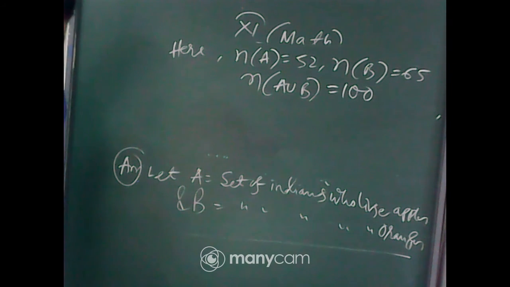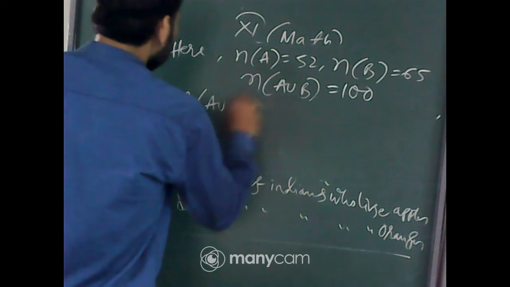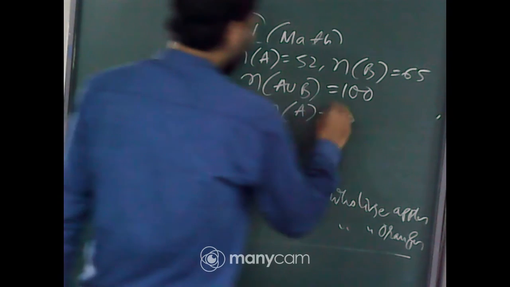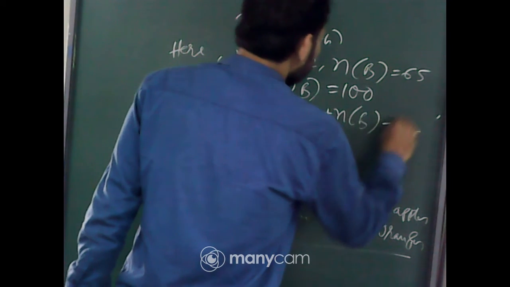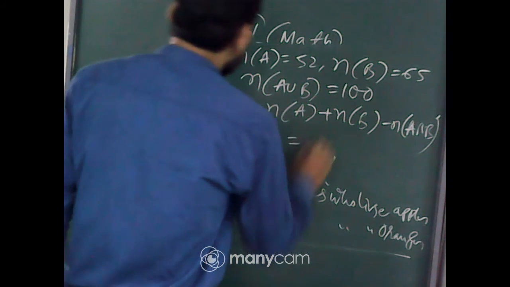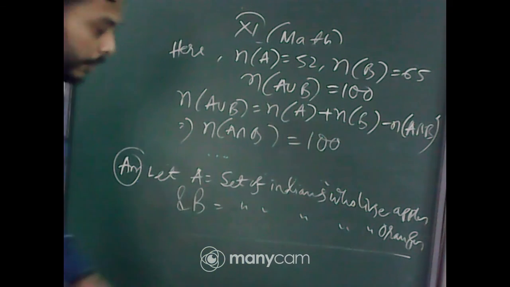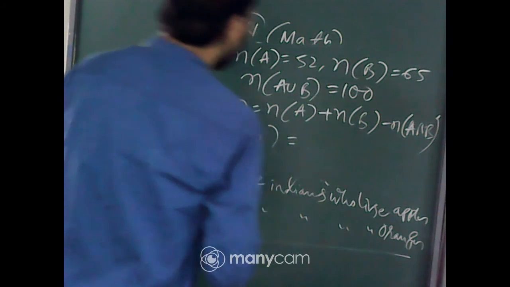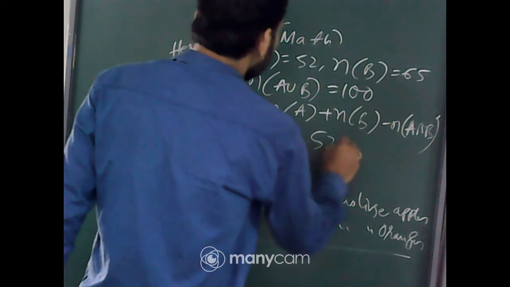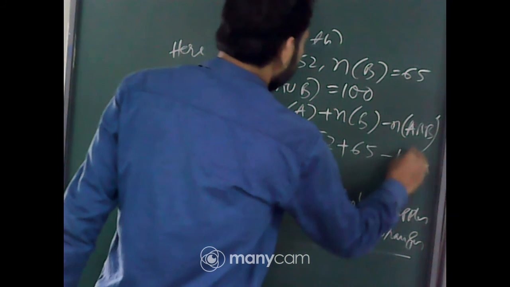17, that is Anubhav is saying, and Jhilam. So we know that n of A union B is n of A plus n of B minus n of A intersection B. So n of A intersection B is n of A plus n of B minus n of A union B. First of all, n of A 52 plus n of B 65 minus n of A union B, that is 100.